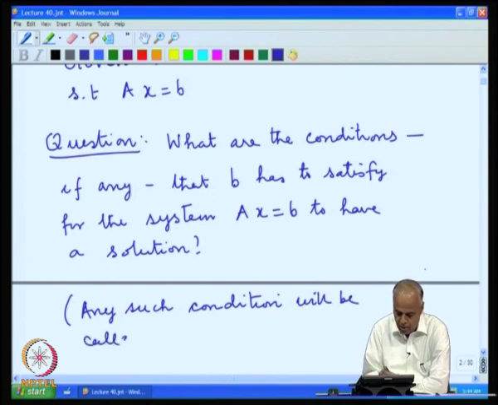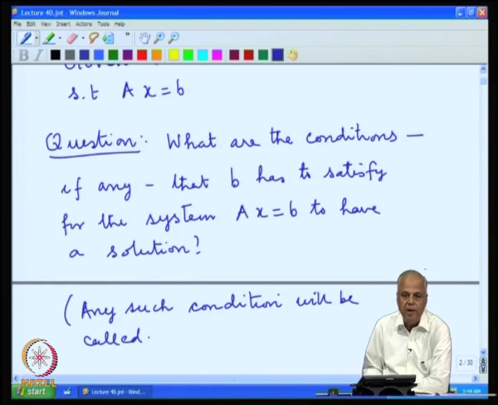This is what we called any such condition which guarantees the existence of a solution.